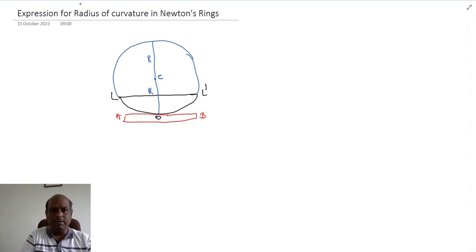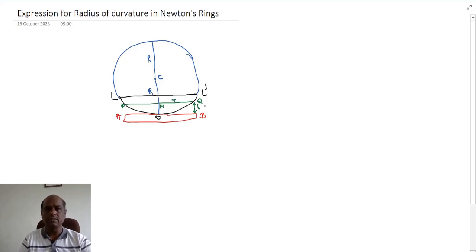And perpendicular to the plane of this surface, we have the formation of Newton's rings at a height of T. So the radius of this, let me point this as N, P and Q, is small r.